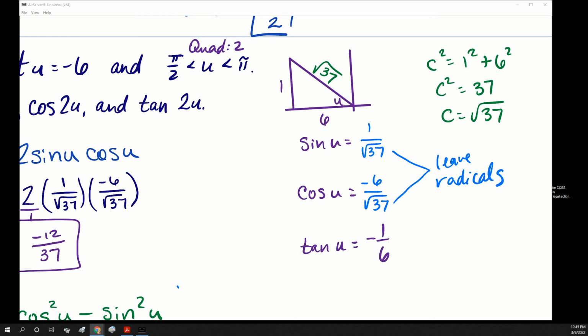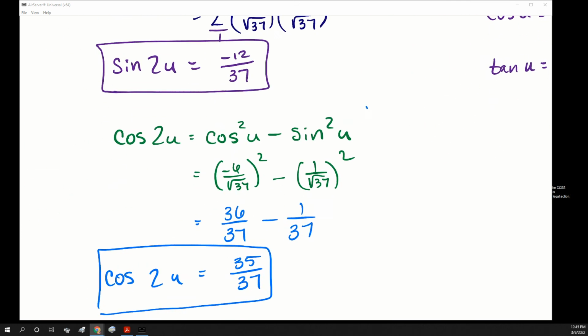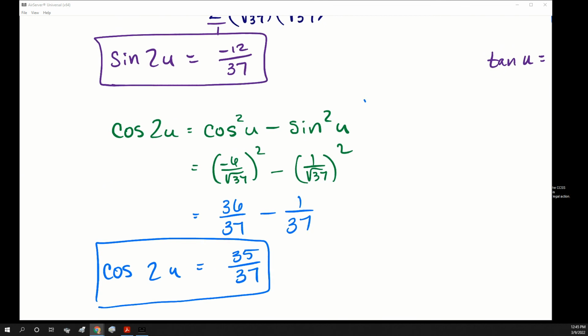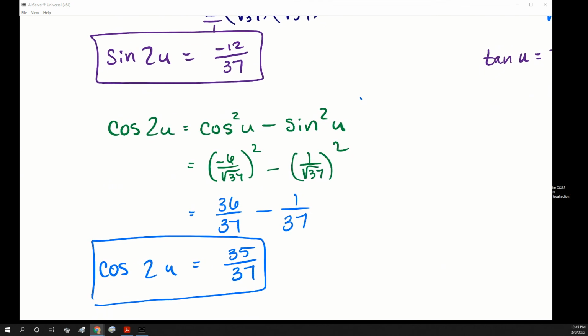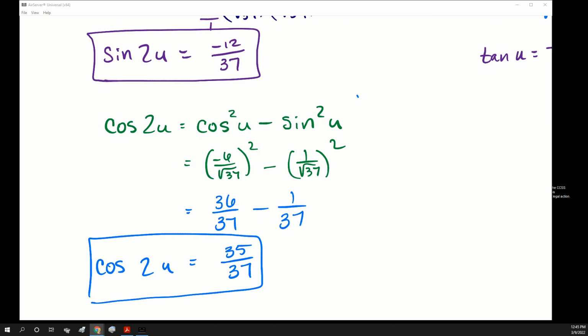It's in quadrant 3. But if it was an angle like 150, double that is 300. It's in quadrant 4. What quadrant do you guys think this one's in? 3 or 4? This one's in 4, because the sine's negative and the cosine's positive. So it's an angle like 150 degrees.